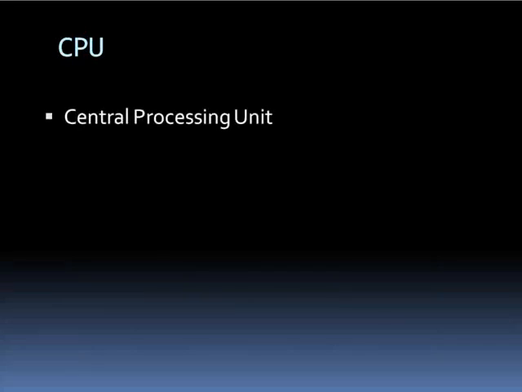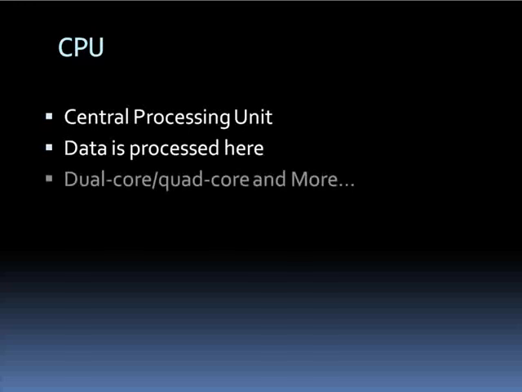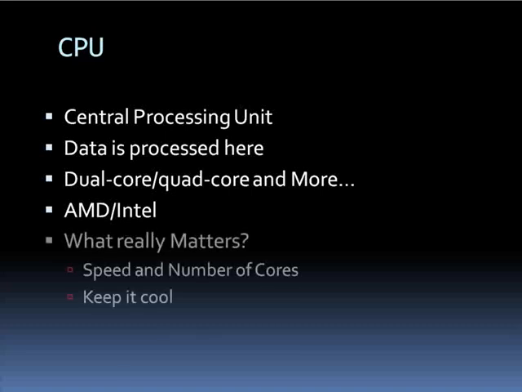It's also known as the central processing unit. Its data is processed here. This is everything to all. It's basically a bunch of math, zeros and ones, dual core, quad core, and so much more. So they've gone from being a single processor to now they've got multiple processors inside a single CPU. AMD and Intel are the main chip manufacturers.